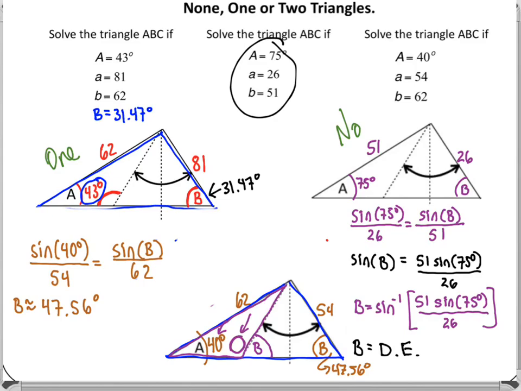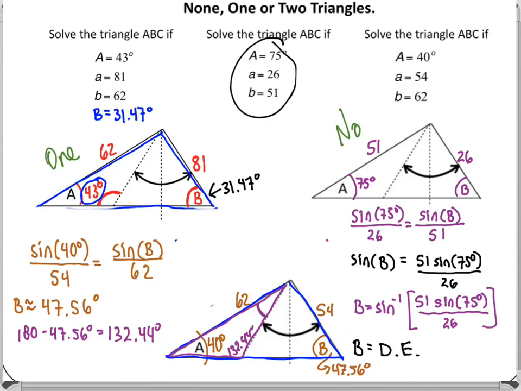So let's do that. I'm going to back some of this stuff out, and let's do 180 minus 47.56 degrees, which is going to give us 132.44 degrees. Okay? So if I take a look at this angle right here, which is 132.44 degrees, is it possible to have another angle up here?